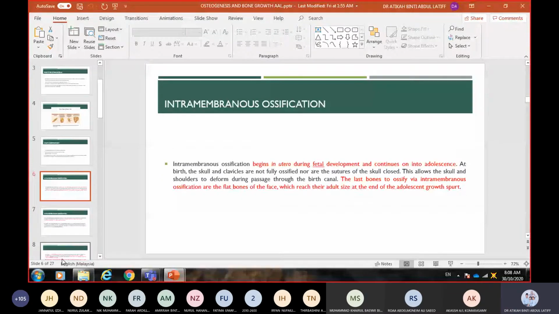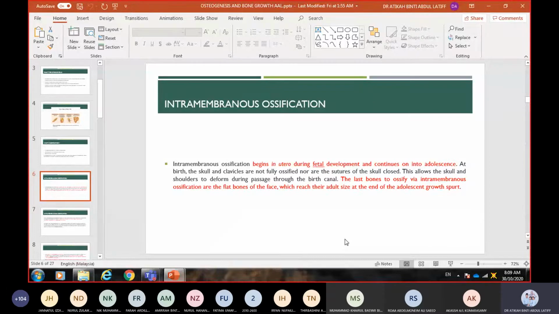So what is intramembranous ossification? Intramembranous ossification actually starts during fetal development in the uterus. It continues until the adolescent period. At birth, the skull and clavicles are not fully ossified, and the sutures are not fully closed.